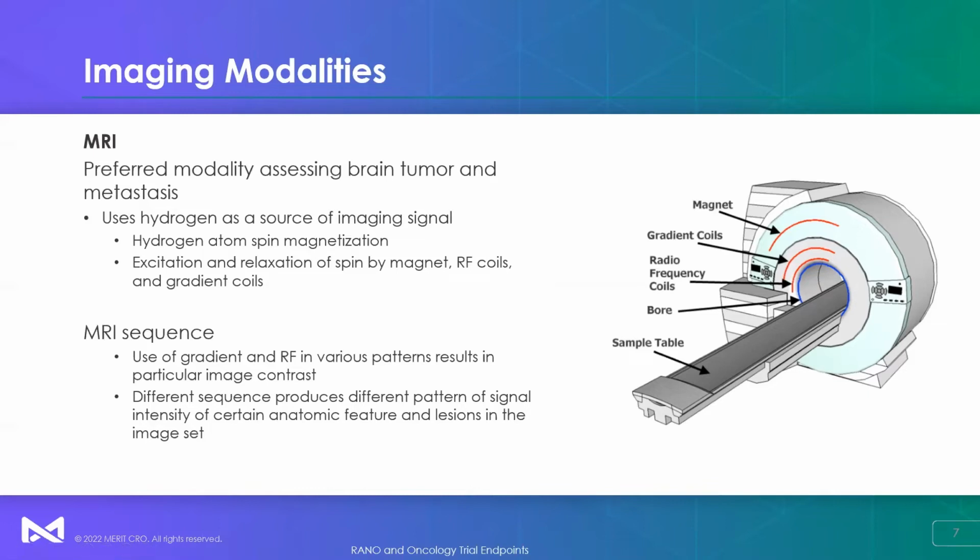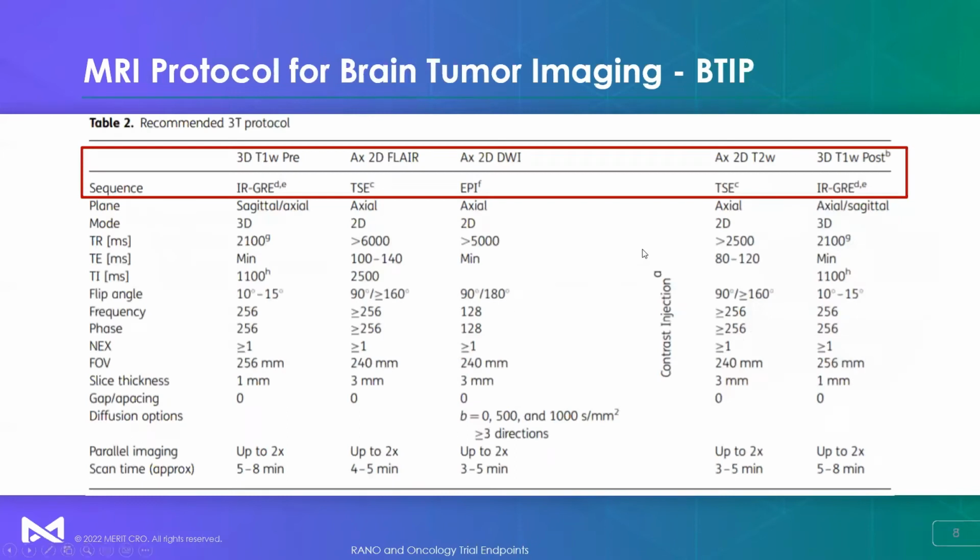And the reason that I will just briefly touch on this one is that there is the publication called the BTIP from Ellingson et al., and they do actually have recommended imaging parameters for 1.5 Tesla and 3 Tesla MR scanners.